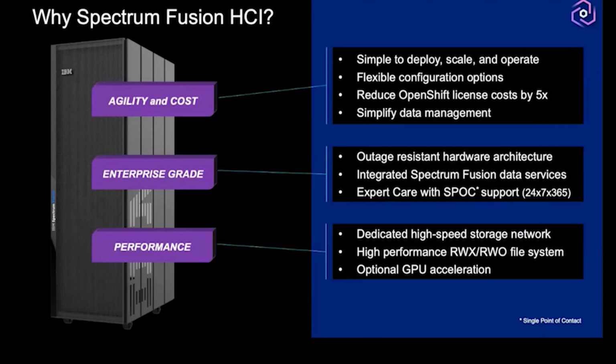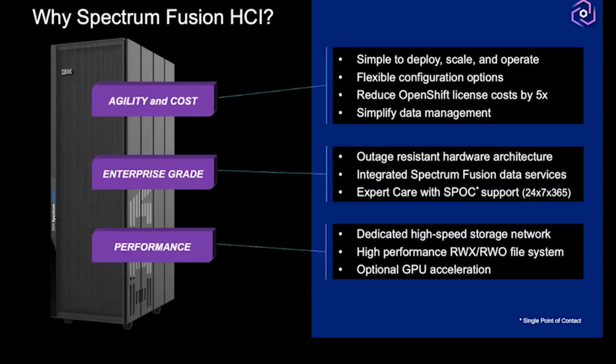Spectrum Fusion HCI easily scales from a base system to a fully loaded rack with flexible storage and configuration options. Because it uses OpenShift on bare metal, the resulting licensing costs are about 1/5 the cost of OpenShift on virtualized infrastructure. Its data services features provide infrastructure and operations teams the tools needed for simplifying data management.